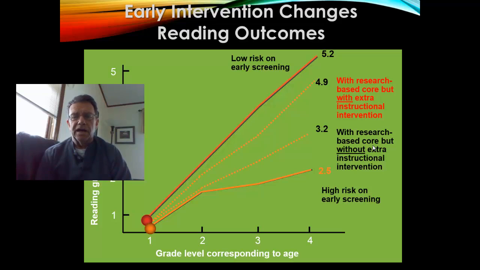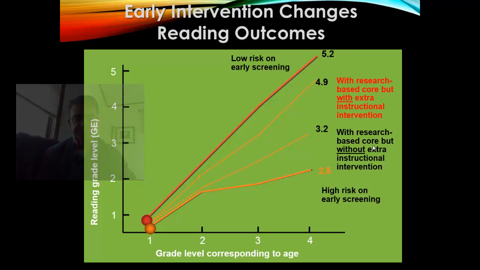So I think it says it all. I don't think we need any more evidence that a research-based core plus research-based instructional interventions targeted at kids who are at risk based on early screening almost closes the achievement gap.